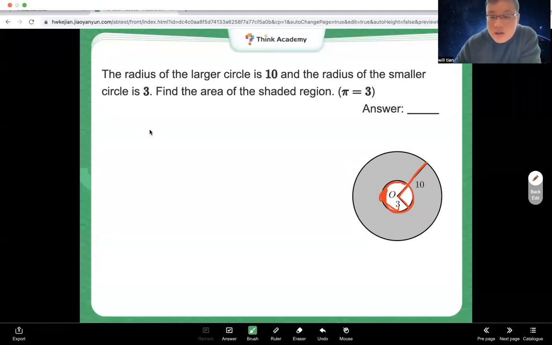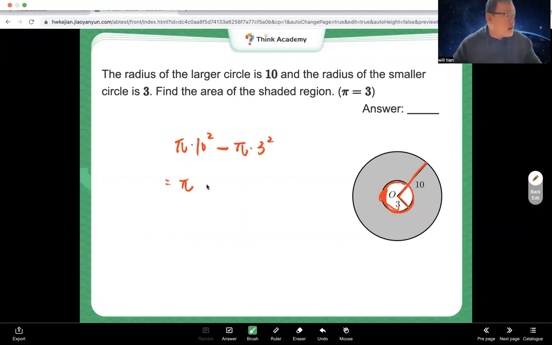So for the large circle, that will be pi times 10 squared. And you take away the area of the smaller one, which is pi times 3 squared, right? So basically, guys, that'll be pi.